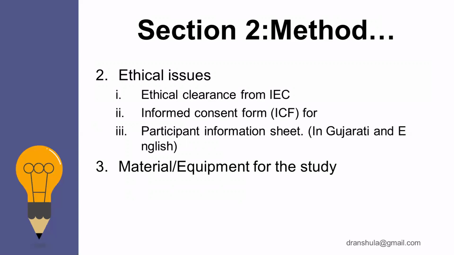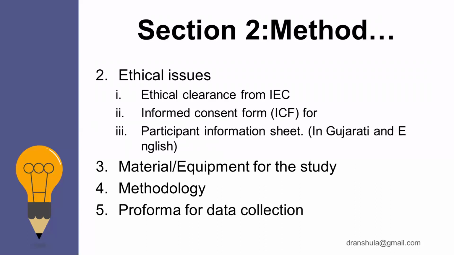Third section is materials or equipment for the study. And the fourth subsection of methods is methodology: the methodology which you are going to use to obtain your data, or if it is an experimental study, how you're going to conduct that experiment.